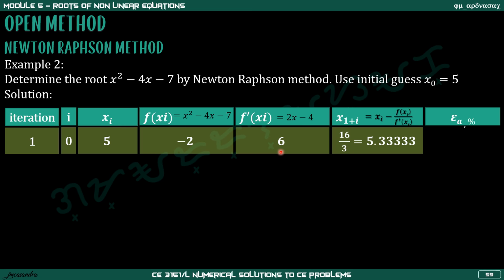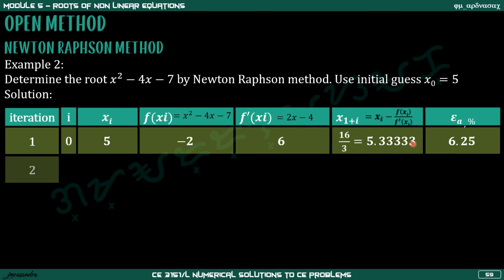So approximate error will now be equivalent to 5.333 minus 5 divided by 5.33, which is equal to 6.25. Okay? So no given number of iterations, so we just continue until we reach a low value of e sub a, or an e sub a equal to 0.